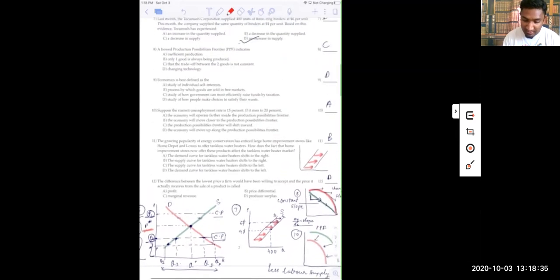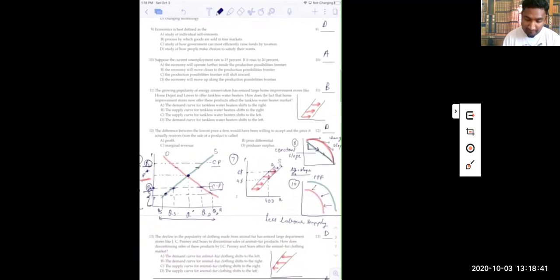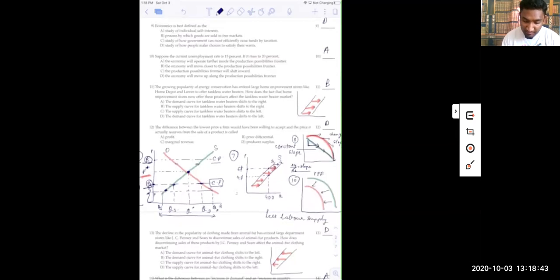It's not constant. So that is why the answer is C. Ninth question. Economics is best defined as how people make their choices. This is pretty easy.